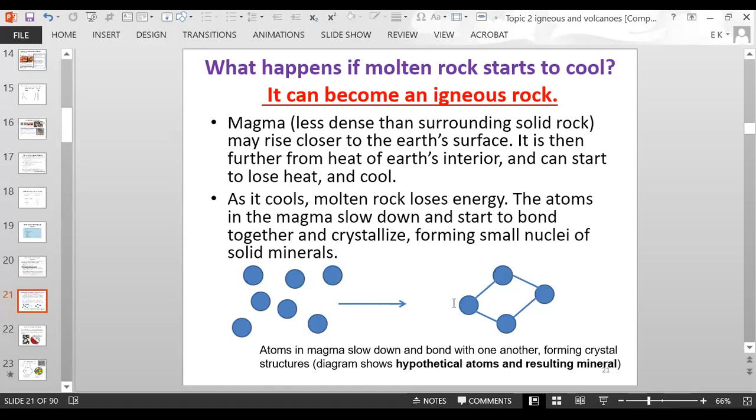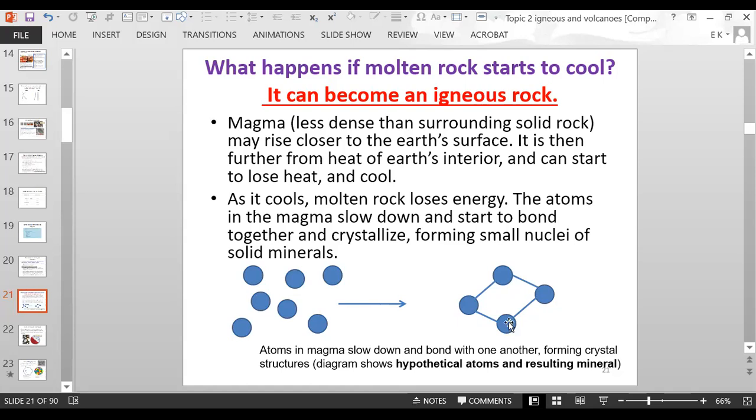So then what happens is the atoms are going to start to bond with each other. Now this is a hypothetical bonding situation, okay? I just made up that these atoms bonded in this shape. Okay, these are just hypothetical atoms.